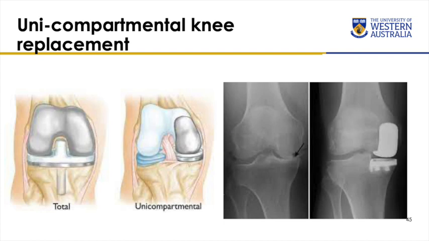Unicompartmental knee replacement, pictured on the right here, is used in this case where the patient has osteoarthritis which is confined to the medial compartment. It has the advantage of preserving the knee ligaments so that patients often feel their knee has a more natural feel to it.